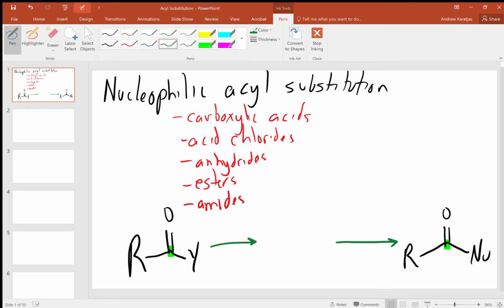So we undergo a two-step pathway where the nucleophile adds, we get a tetrahedral intermediate, and this oxygen could be either O- or OH, depending on our reaction conditions. And then the carbonyl reforms and kicks out whatever that original group attached to the carbonyl was.